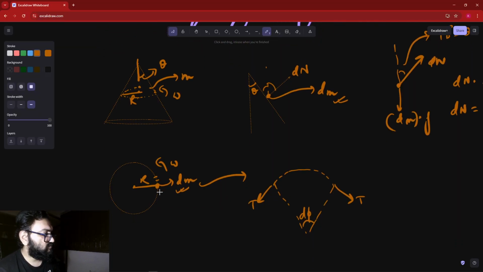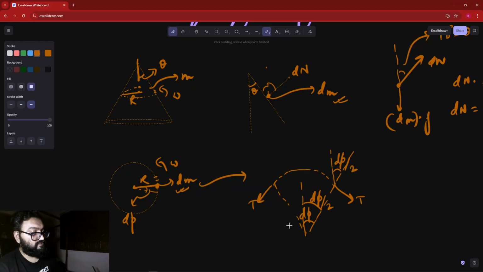So this small dm subtended a small angle d phi at the center. The half angle then becomes equal to d phi by 2. If I project it upwards, this angle also becomes equal to d phi by 2. Mind you, this d phi is very small. I've just zoomed out this figure, therefore it looks quite large, but in reality it is going to be very small.